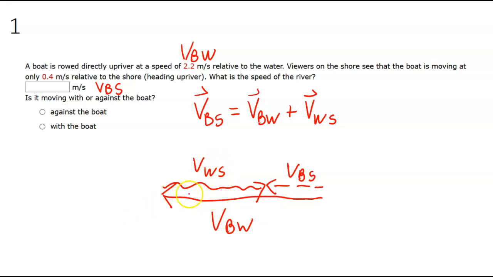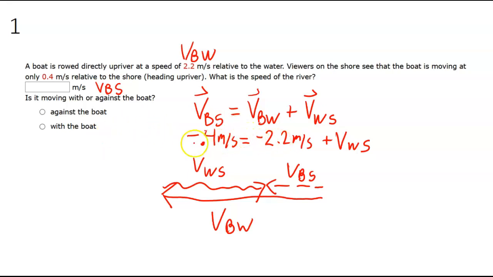I've got things in different directions. If I choose right to be the positive direction and left to be the negative direction, then in this horizontal direction, negative 0.4 meters per second is equal to negative 2.2 meters per second plus whatever that motion of the water relative to the shore is.